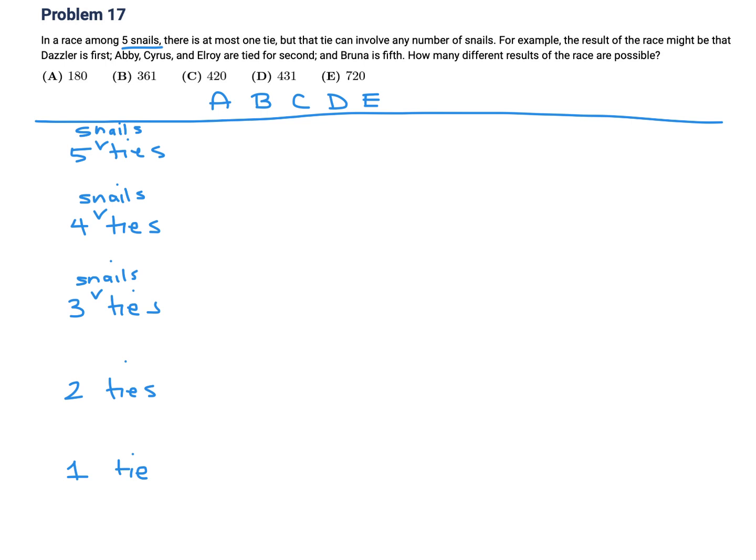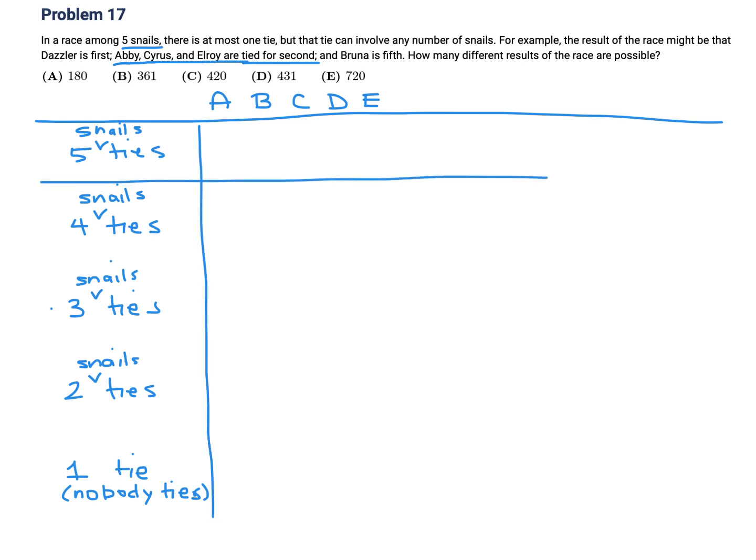This is a 3 snails tie scenario, right? These 3 snails are tied for second, so that's this guy. Or 2 snails tie, or 1 snail tie basically means that's not a tie. 1 tie means no tie, nobody ties. That's basically what that means. I know the wording is not perfect, but hopefully you'll understand what I mean once I start explaining all of this.